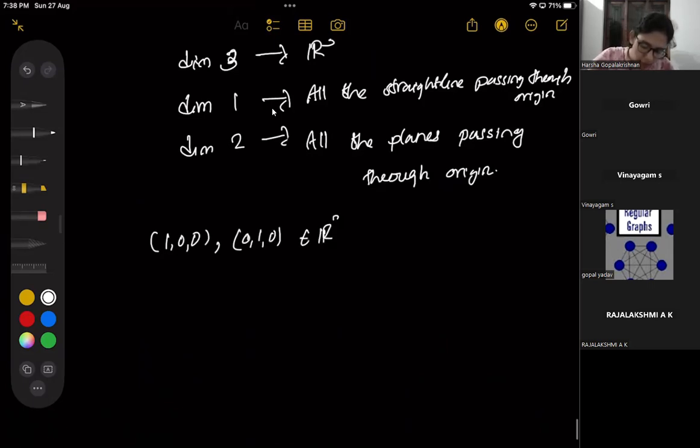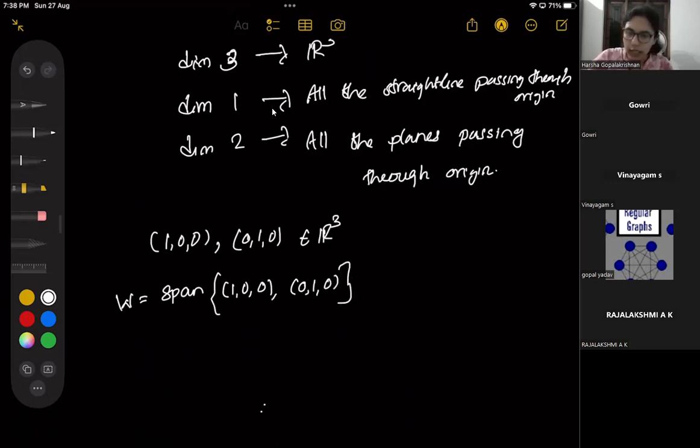Let me take W as the span of (1,0,0) and (0,1,0). The dimension of W is 2, because I am taking two linearly independent vectors which span W. You can easily see that it is a plane, where the Z coordinate is 0, and only the X and Y coordinates vary.